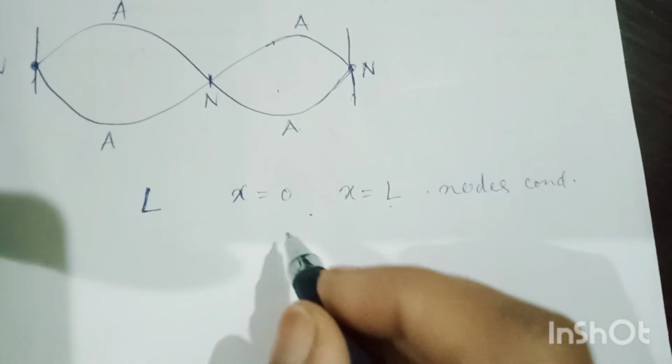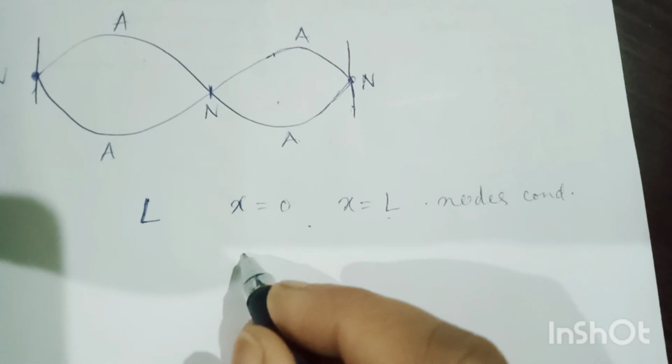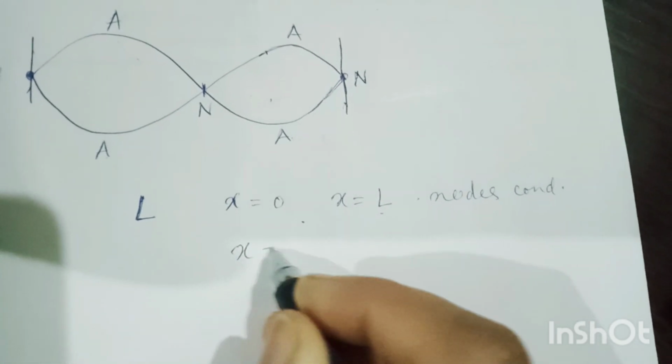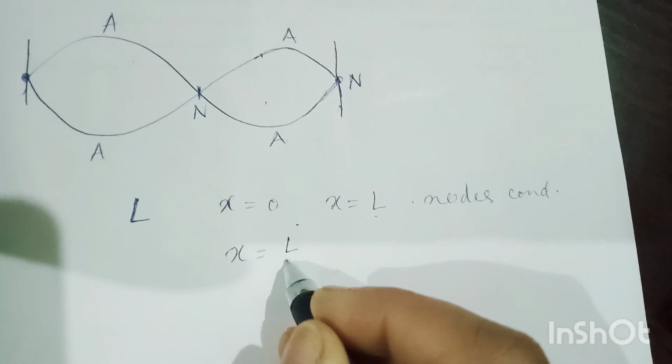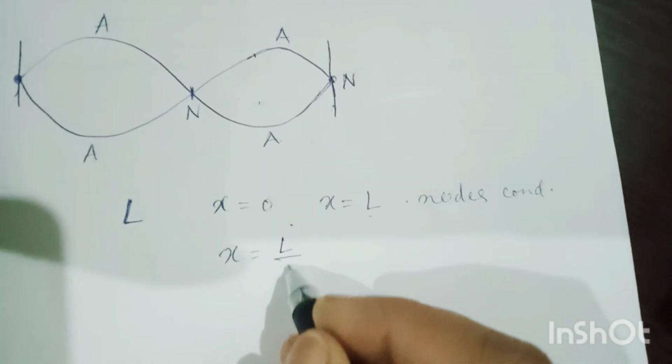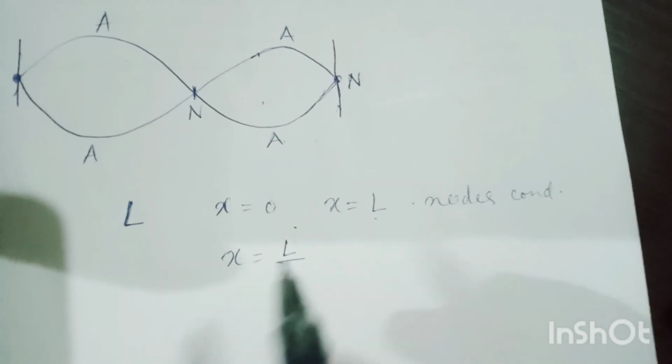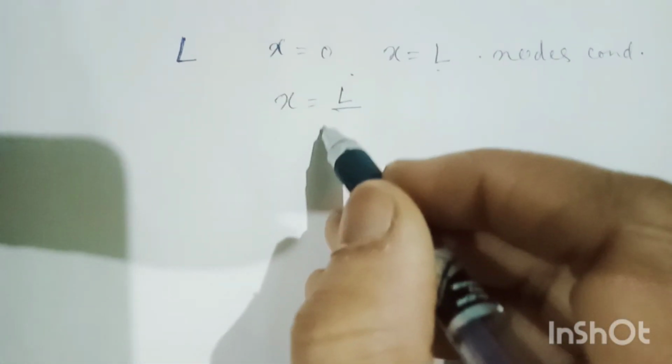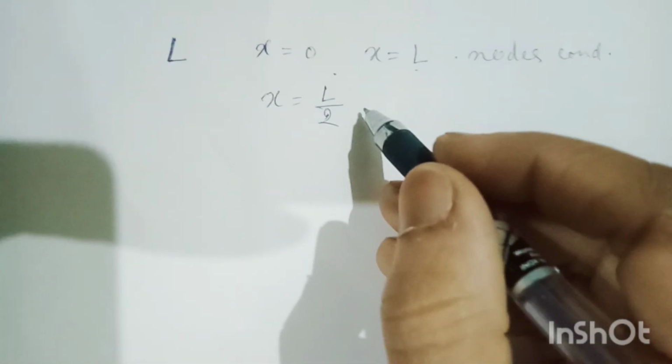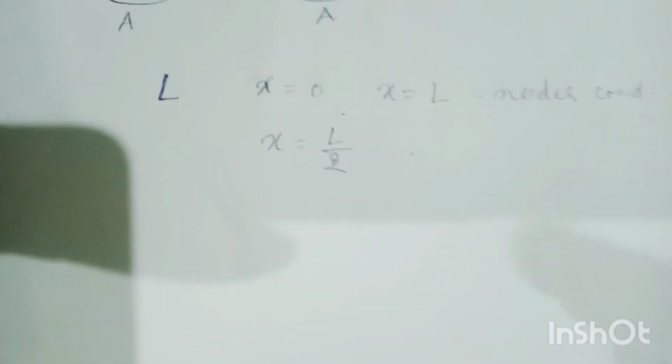And at x equal to L by 2 we get another node.